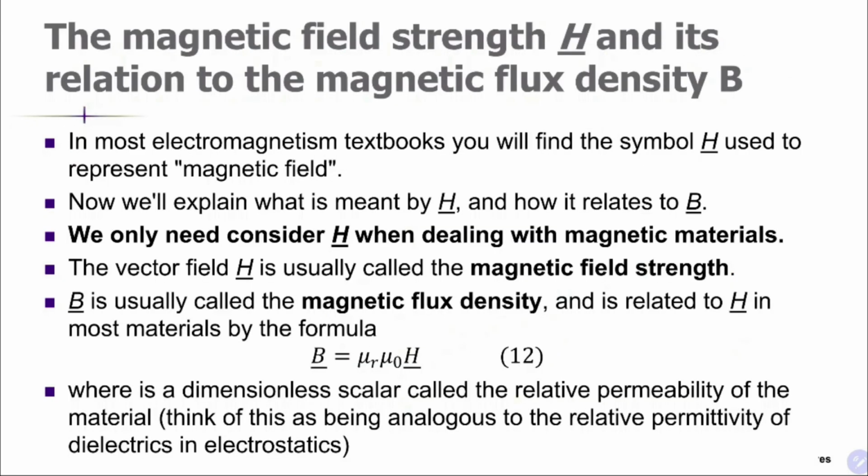So we have been talking about magnetic flux density B. As I mentioned at the beginning of this topic, there is another parameter called magnetic field strength.